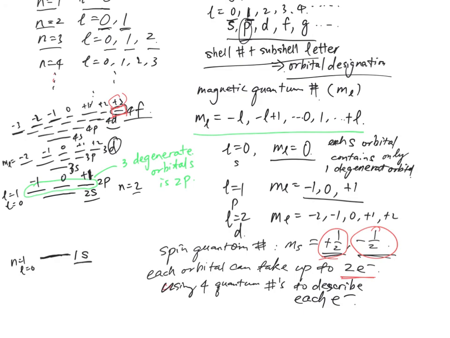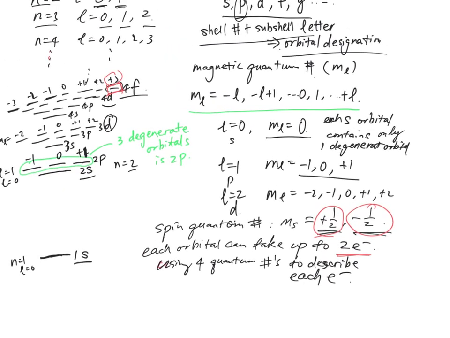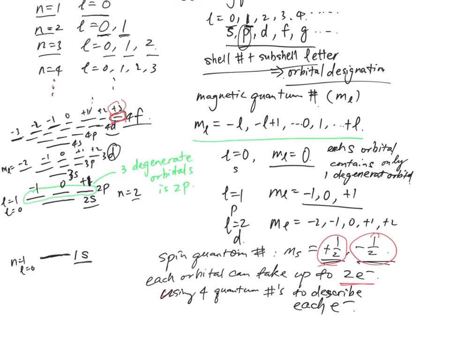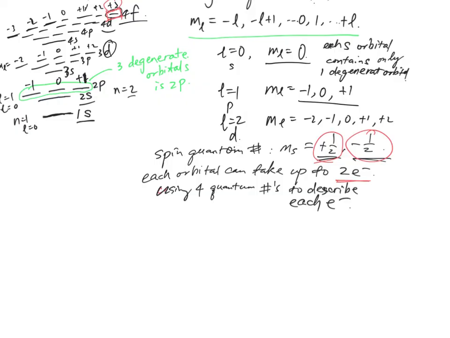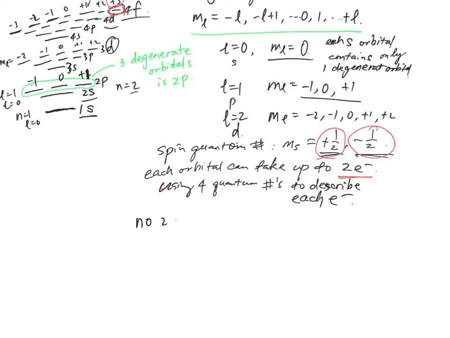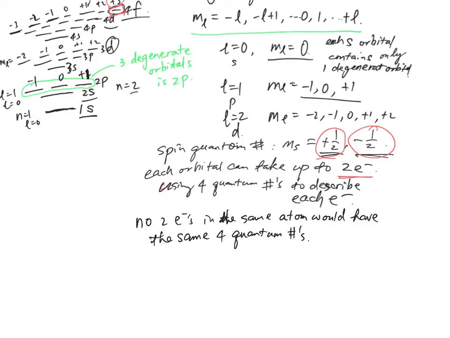Once we establish this, one conclusion that we can draw here is that no 2 electrons in the same atom would have the same 4 quantum numbers.